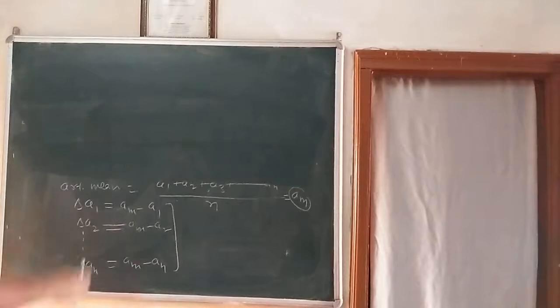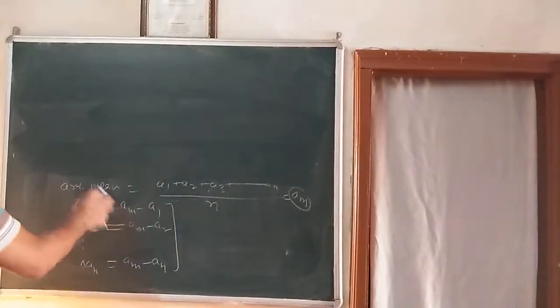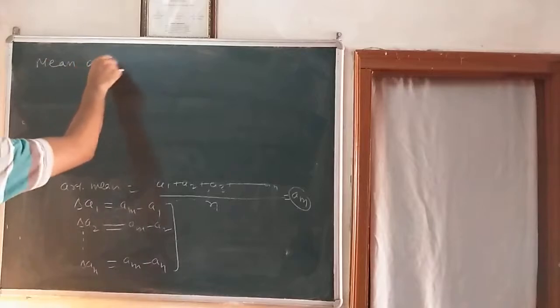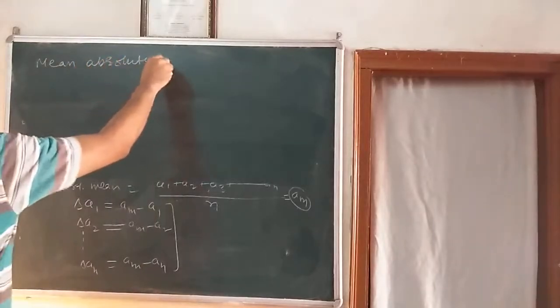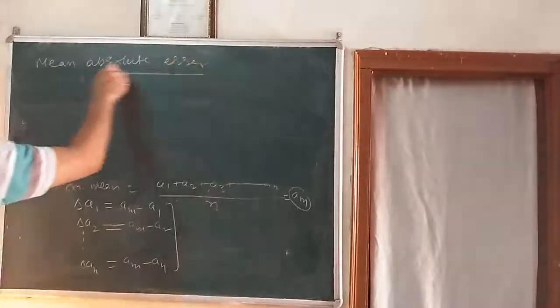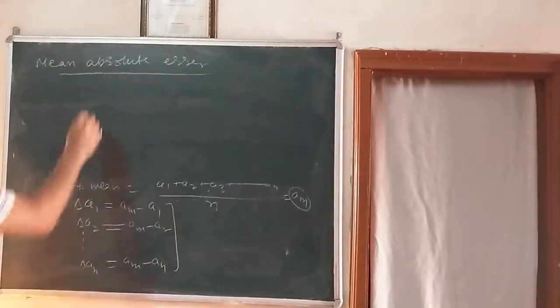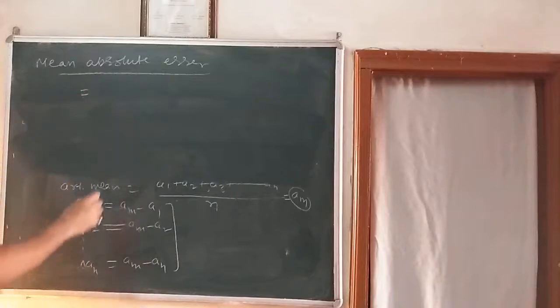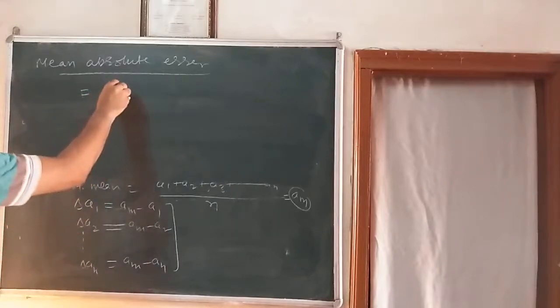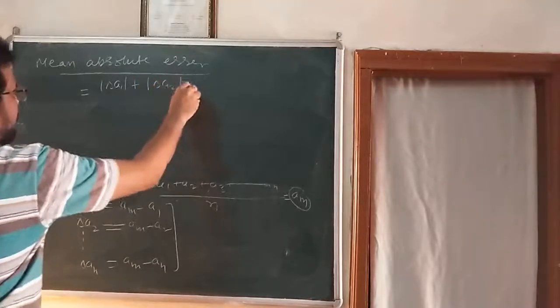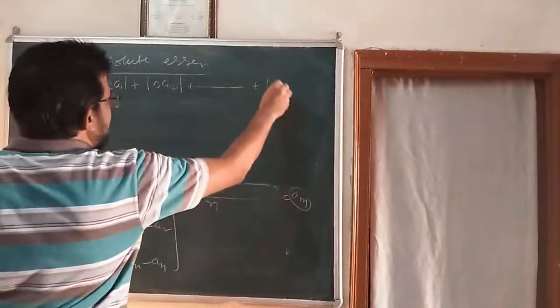So we have the absolute errors here. Then I am going to find the mean absolute error. For the mean absolute error, add them all: the sum of the magnitudes of delta of A1 plus delta of A2, like this up to delta of An.